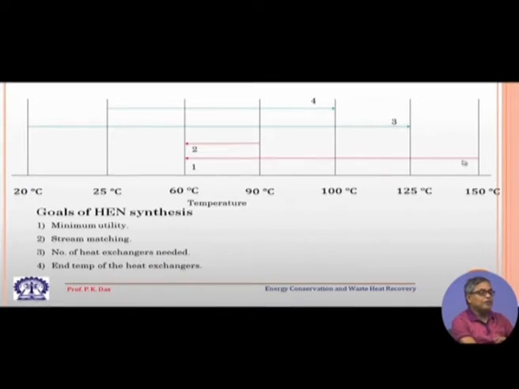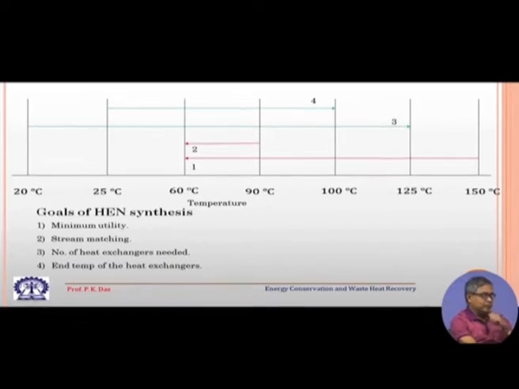One hot stream is starting from here and ending here, another hot stream is starting from here and ending here. There are two cold streams, one starts from here, ends here, and the second one starts at 20 degree Celsius and ends at 125 degree Celsius.